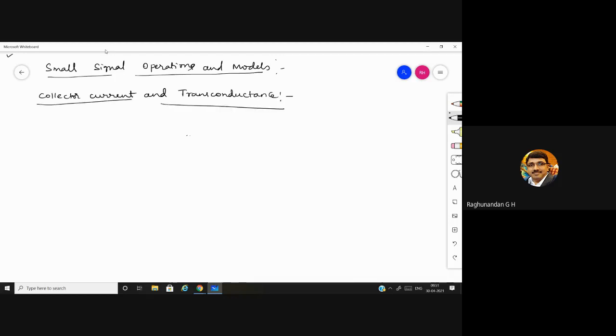So to find out the equation for collector current and transconductance, we will consider a small amplifier circuit. This is Vs.